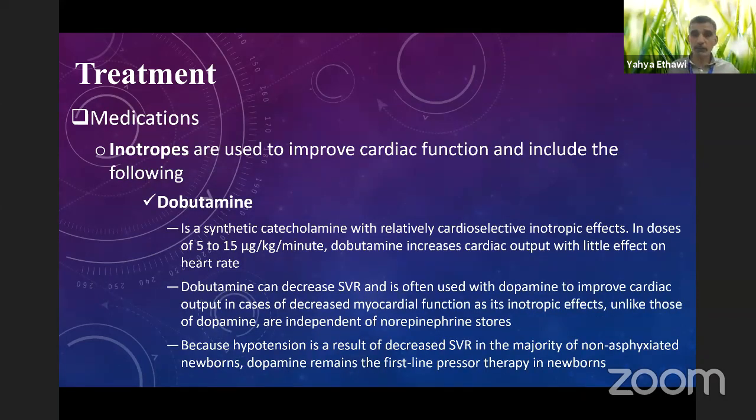Dobutamine is a synthetic catecholamine, and it has a more cardioselective inotropic effect. So it's used only when you have a cardiac problem. When you have a cardiac problem, remember that both systole and diastole will go down. When you have only tone, only the diastole will go down. And remember, if there is a shunt, then probably both of them will not be affected because you need to treat that shunt.